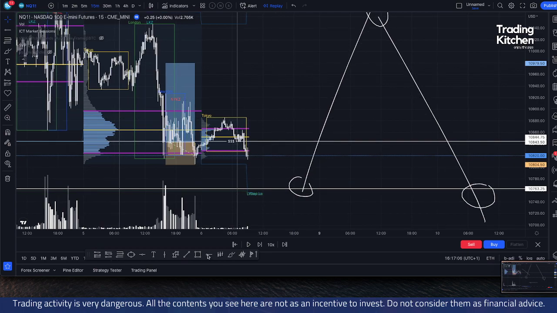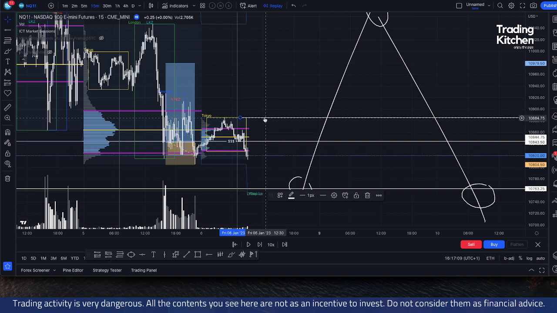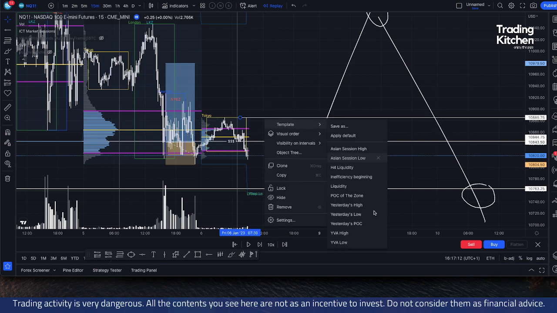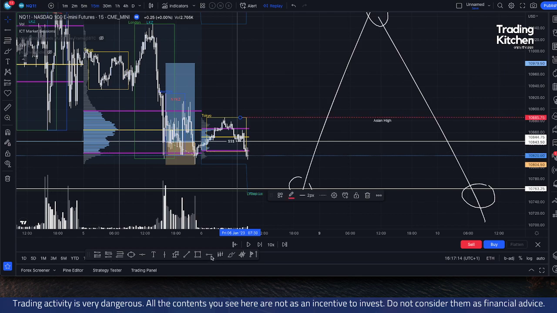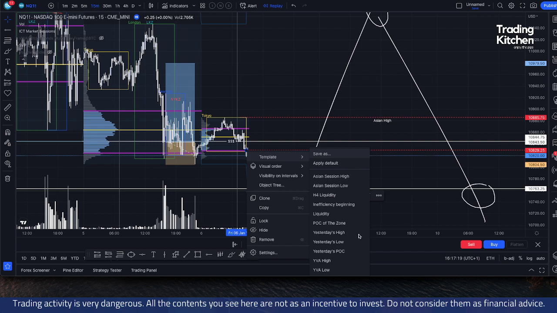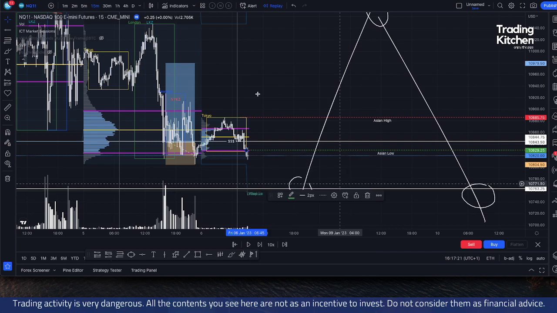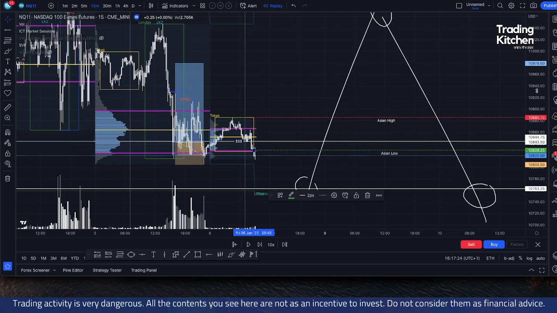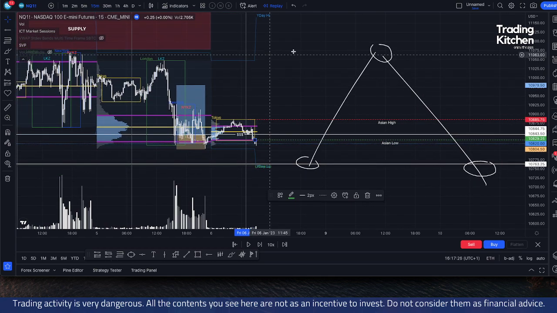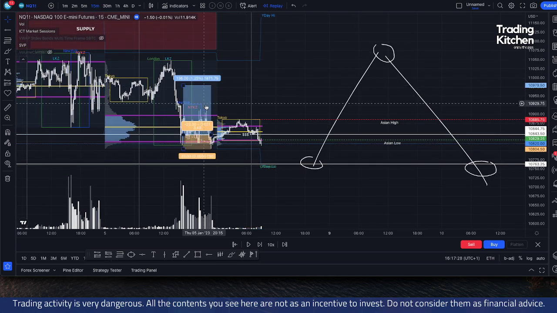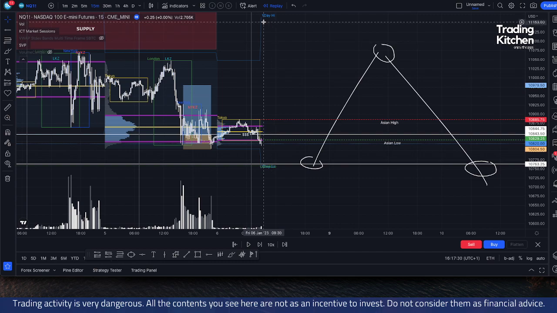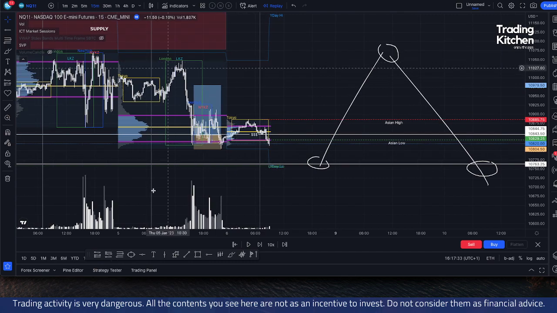From here, which is the Asian session high, from here there is the low, and also yesterday's highs and yesterday's lows. So here is yesterday's highs.